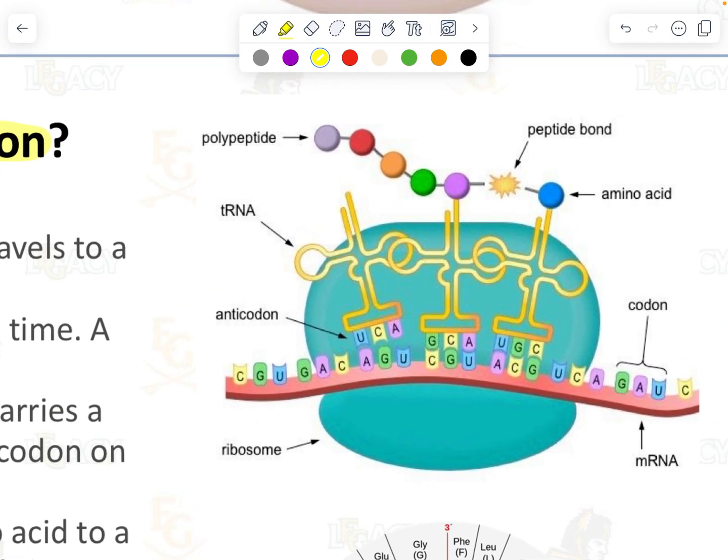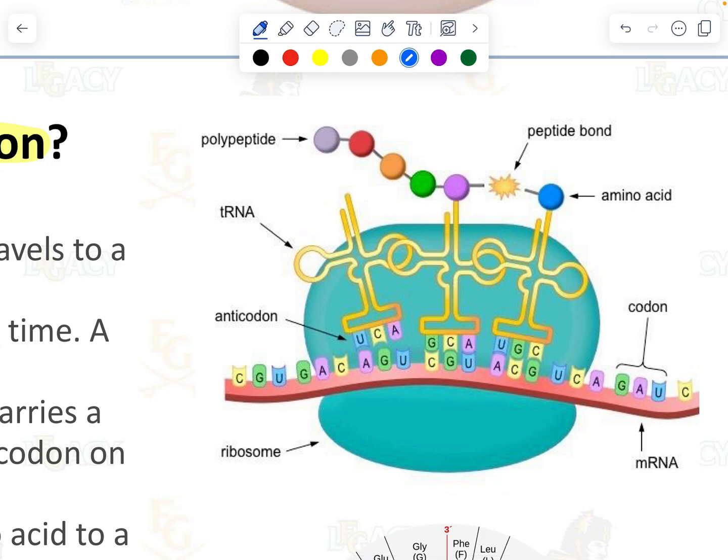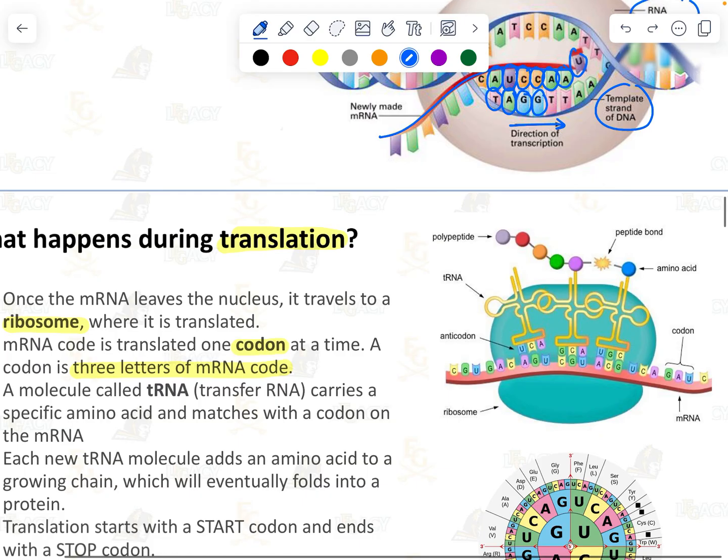If I look at this diagram, I see the mRNA is this red strand down here. You'll notice that in this diagram, it separates this mRNA code into triplets, or a series of 3 letters that we call codons. What's going to happen is these codons are going to be read one at a time.